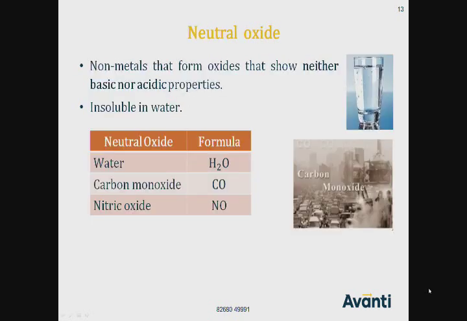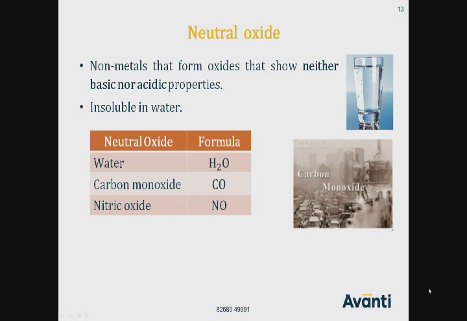Next, neutral oxides: non-metals that form oxides that show neither basic nor acidic properties. Okay, these are neutral oxides. Examples are, please do not write water. Please do not write water in the example of neutral oxide because water is not neutral, it is amphoteric.